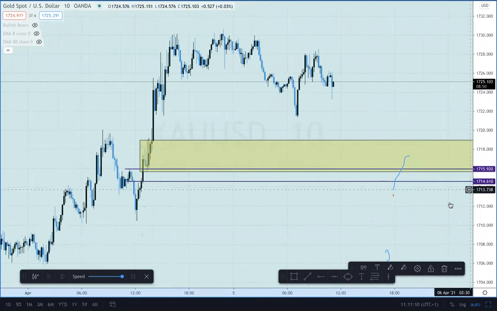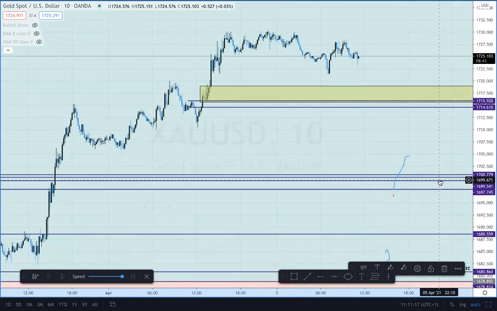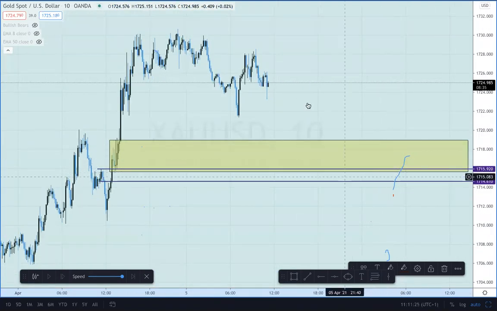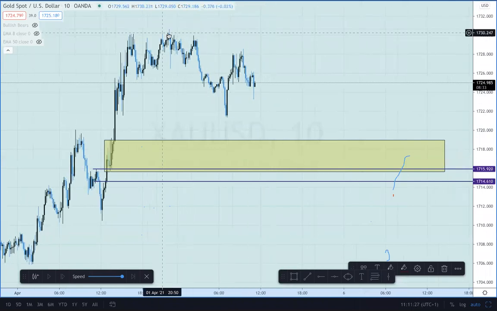You can look in this area, 1715.920, for a possible re-entry. Apart from that, I can't really see anywhere clear. Everywhere else is dangerous to enter. Enter from here with your stop loss right there, and then continue looking for the highs.